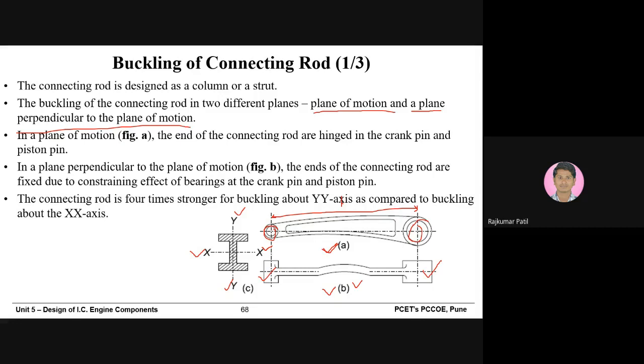And it is observed that the connecting rod is 4 times stronger for buckling about the y-axis as compared to buckling about the x-axis, and with the derivation we'll see whether this statement is true or not.